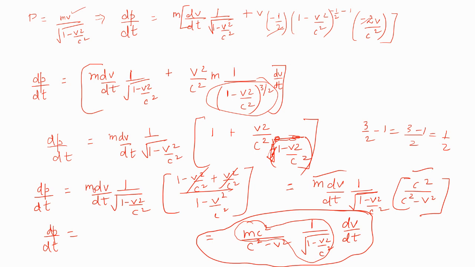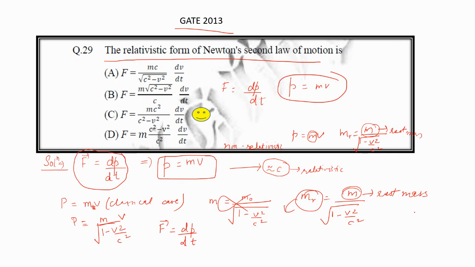So this is m naught, rest mass. Okay, this is m naught, rest mass. Here also, this is m naught, rest mass. m naught. This one is the correct formula.